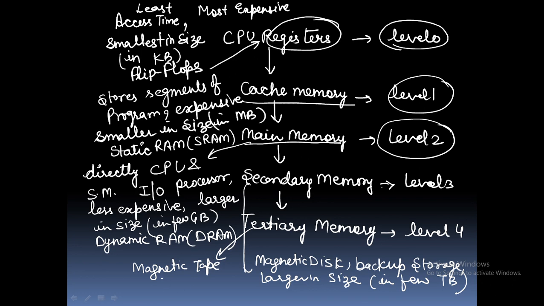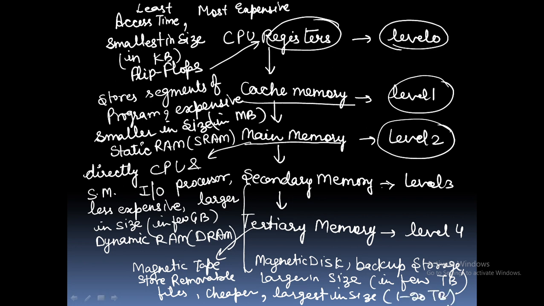And these magnetic tapes are used to store removable files, and they are much cheaper as compared to secondary memory, main memory, cache memory and CPU registers, and that's why they are largest in size, given in 1 to 20 terabytes or more.